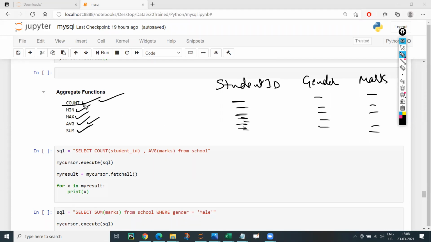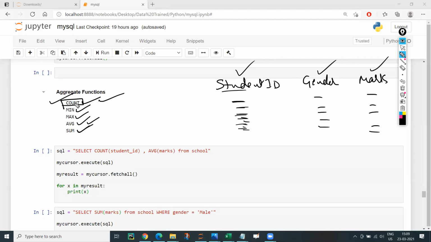Using a count function, I will be able to find the total number of students. I can also count based on gender or marks, depending upon the requirement. For each gender, how many students: female how many, male how many, things like that.